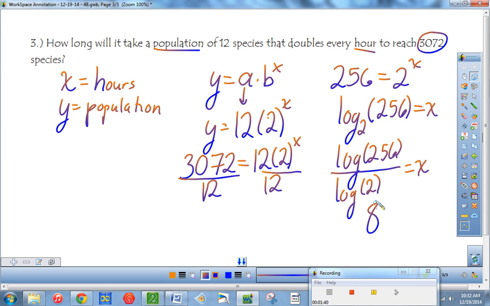Can we just leave guess and check, or do we have to do that? You need to do that because you don't want to guess and check. Most of them are going to be gross, disgusting decimals. Okay? So how would you write your answer to this? It would take 8 hours for the population.